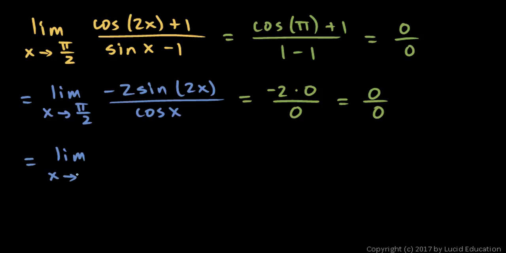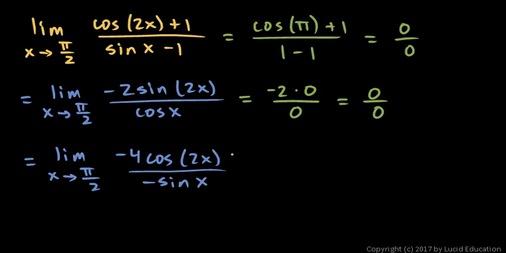So this will be the limit as x approaches pi over 2. And the derivative of negative 2 sine 2x is going to be negative 4 cosine 2x. And then the derivative of cosine of x is negative sine x. And this we can evaluate at pi over 2, and it should work.